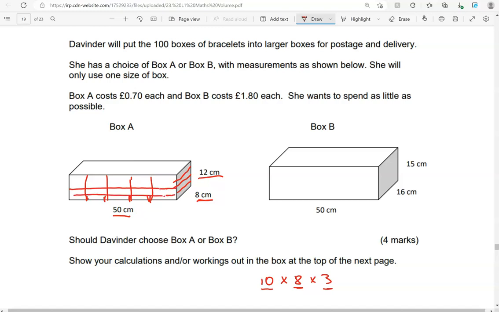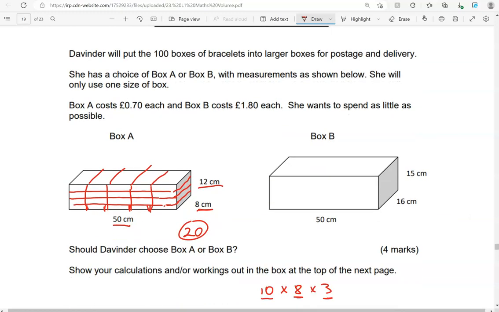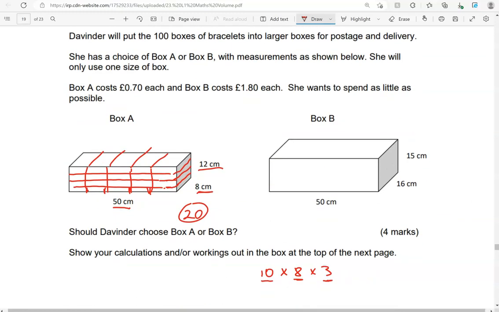So let's work out how many in each row. That will be 5 in each row, and there are 4 rows, so 5 times 4, that will be 20. So 20 in box A, and 100 of them are needed, so that means we'll need 5 boxes to fit them all in, because 5 times 20 gives us 100.